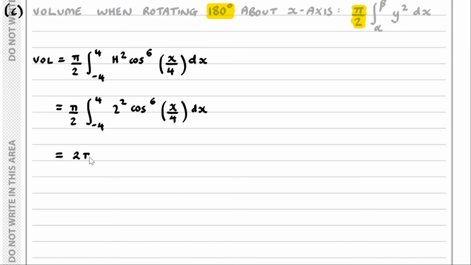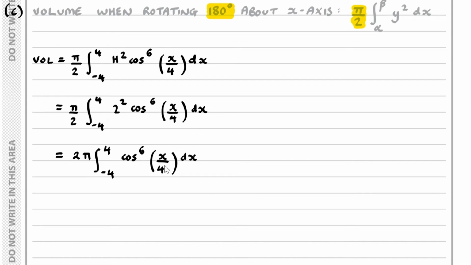So I've got 2 pi times the integral from minus 4 to 4 of cos of x over 4 to the 6.